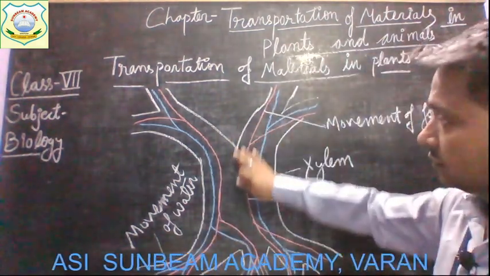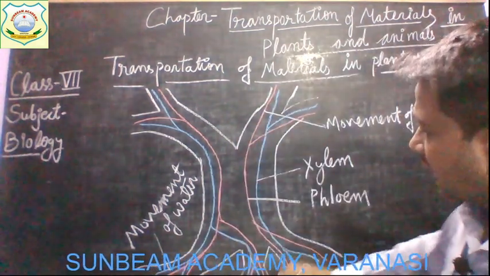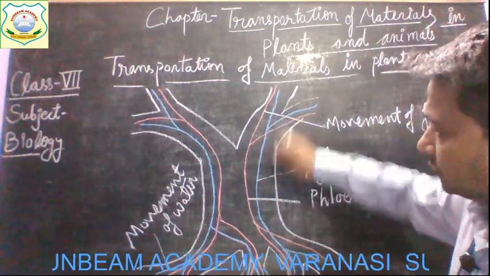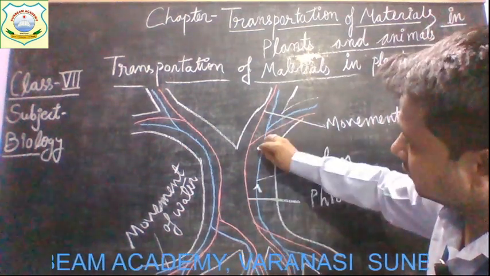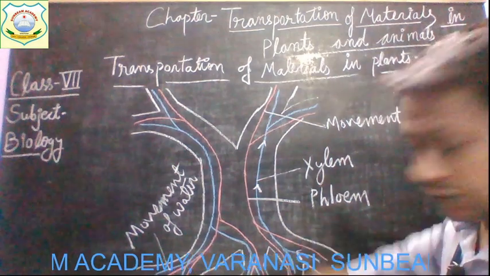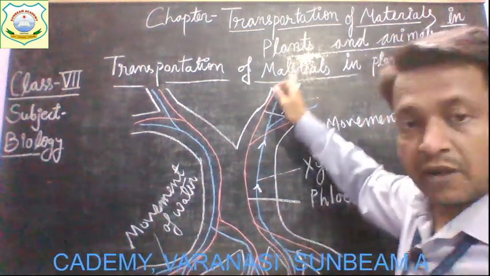So in this diagram, you can easily see this blue colored line, which is going in the upward direction, from the roots to the tip of the plant.